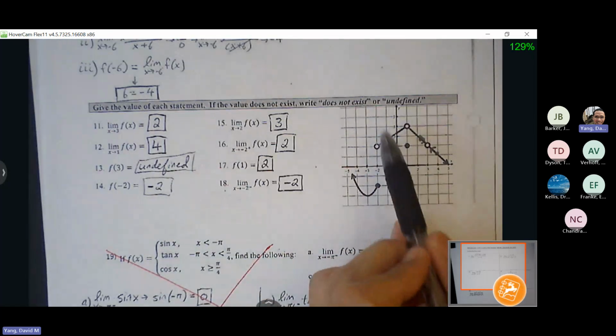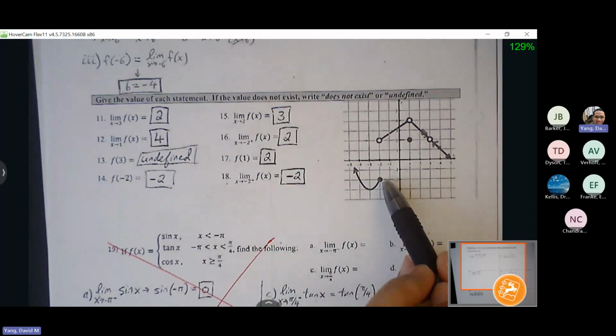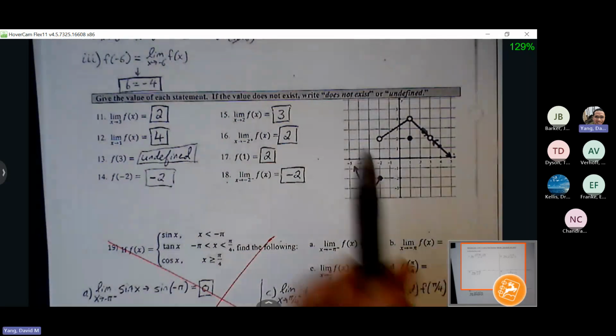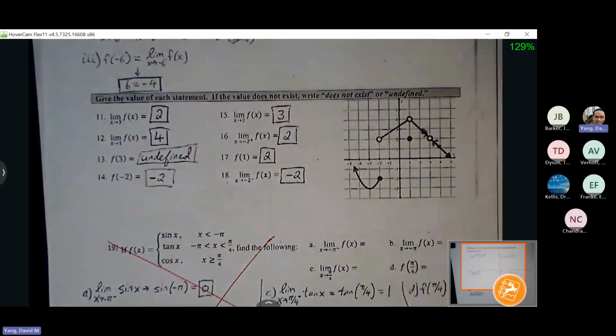So we want to find the ordered pair at -2. There's a hole here. We don't look at that. There's a filled in point here. So f of -2 is just going to be -2. Remember, a hole means that your graph gets closer to that point, but it never reaches that point.